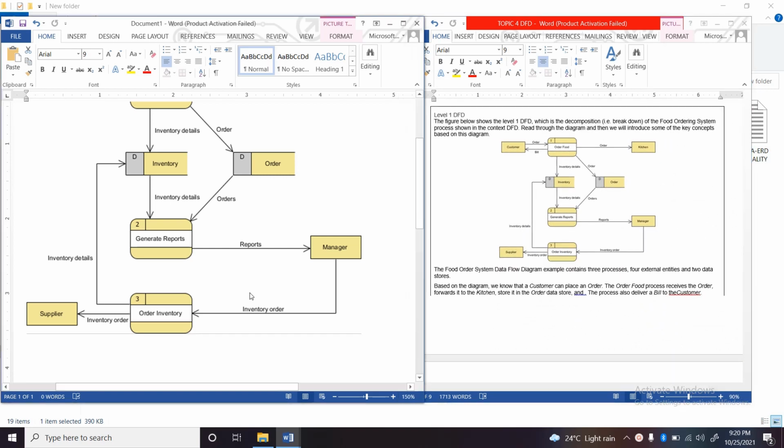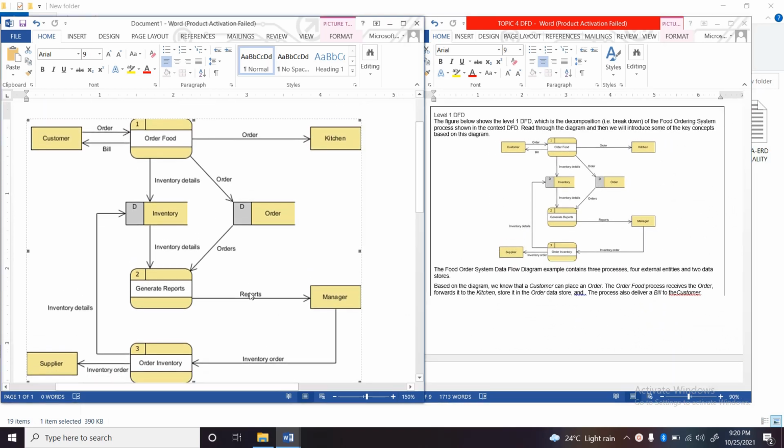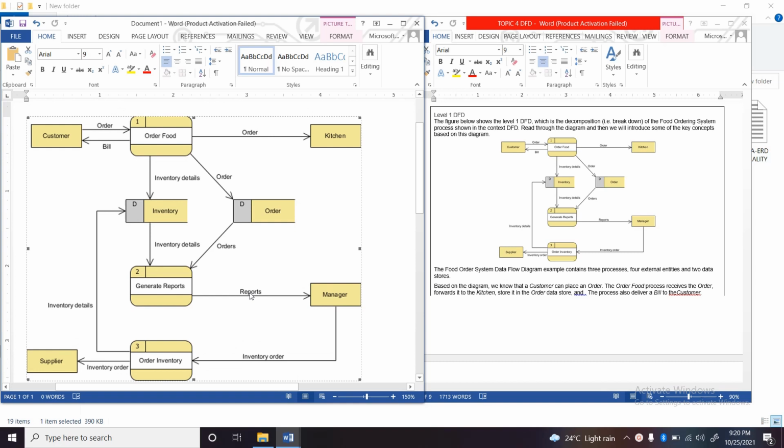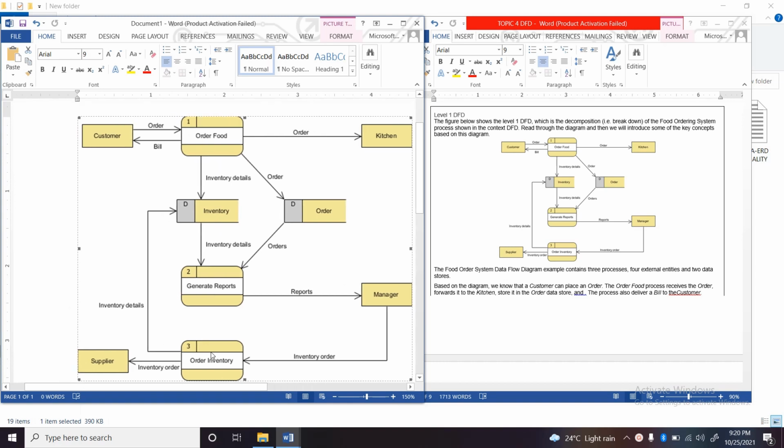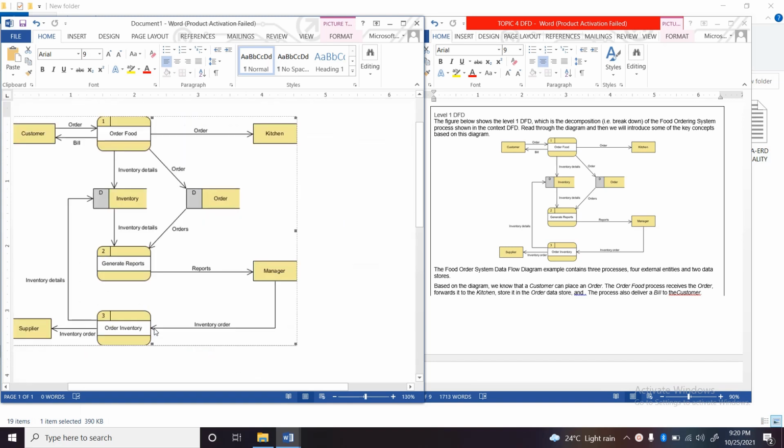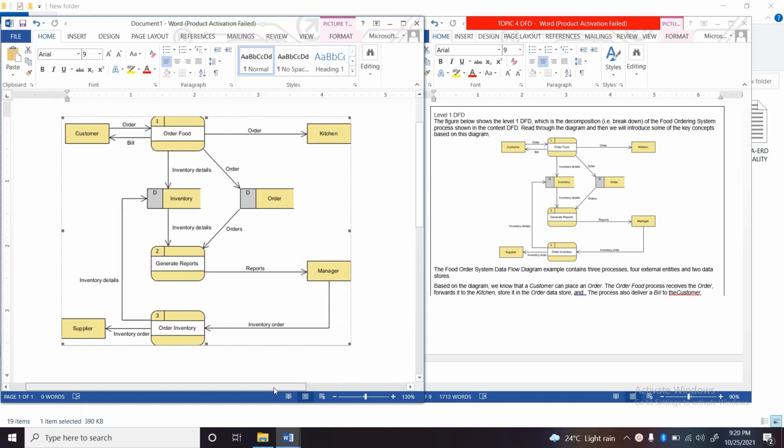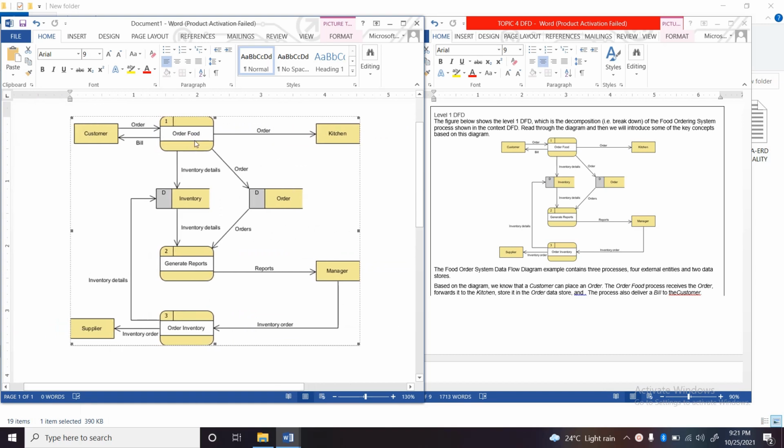Okay, so as you can see here, we have at least 3 processes. We have order food, generate reports, and we also have order inventory. Okay, may I repeat? We have 3 processes: order food, generate reports, and then order inventory. We also have data store inventory here, and then order.